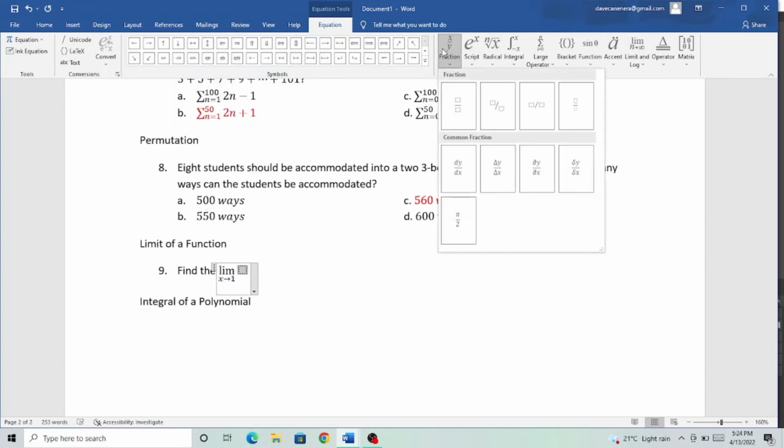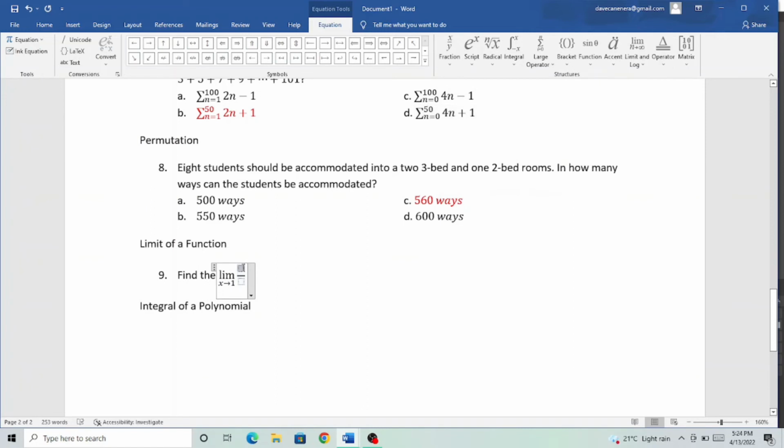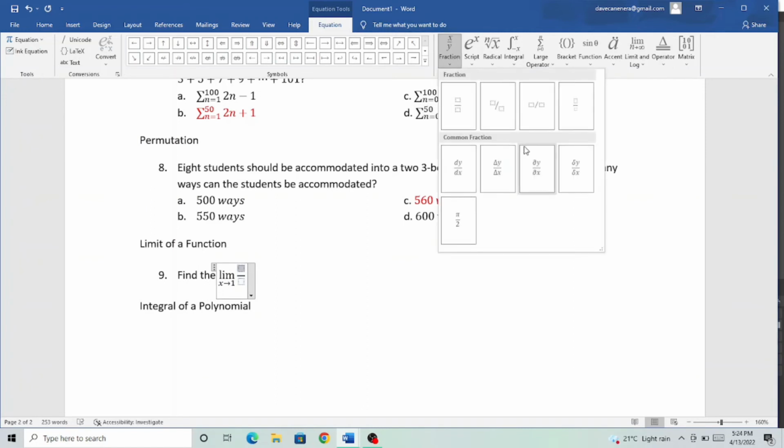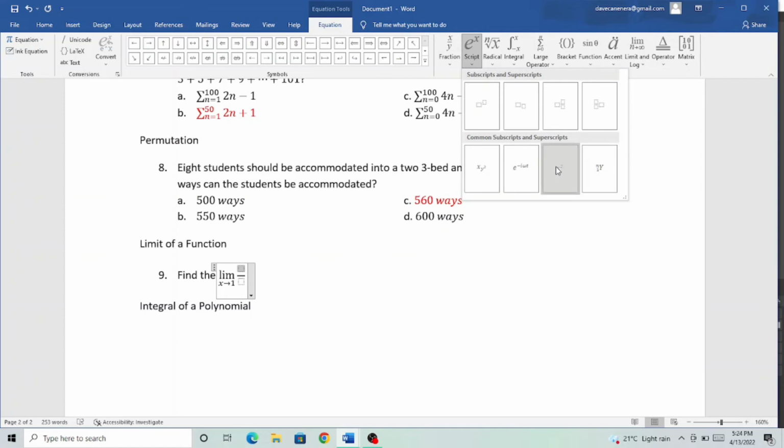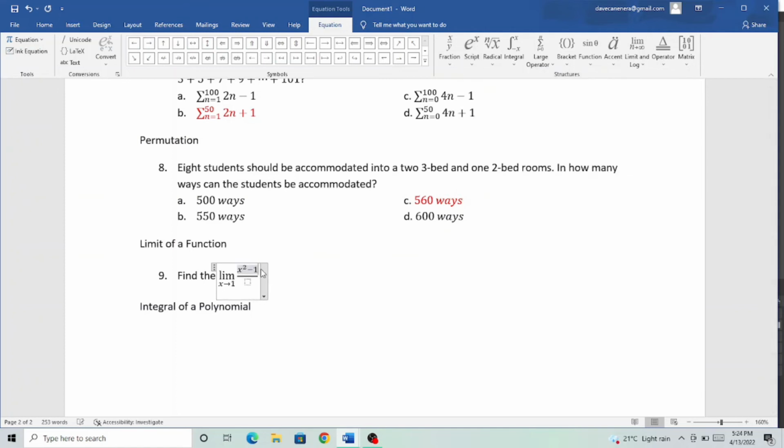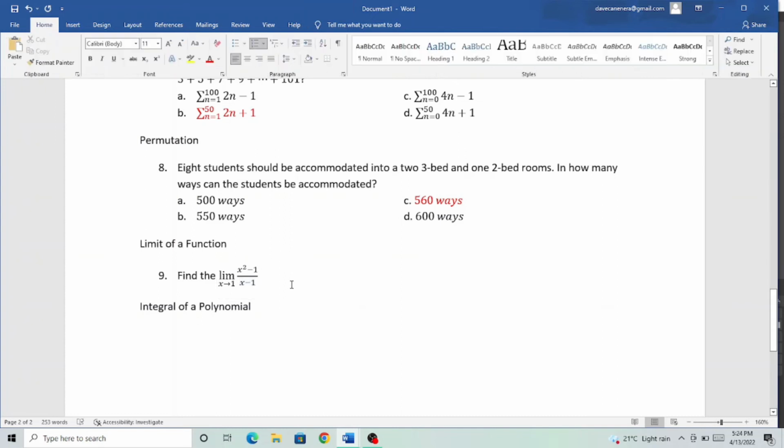What function do we use? Let's get a more tricky one: x squared minus 1 over x minus 1. What makes it tricky is that if you directly plug in the value of x, it will yield an indeterminate result, 0 over 0. So we'll use factoring or L'Hopital's rule.